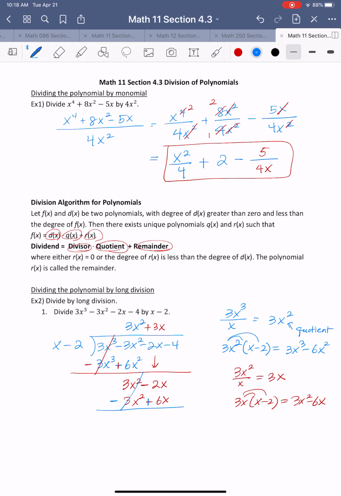So it cancels out. Now you have another 3x, and then bring down the negative 4. And divide again, because you still have a 3x, whose degree is 1, and this x is also degree 1. When you have the same degree, you still need to divide.